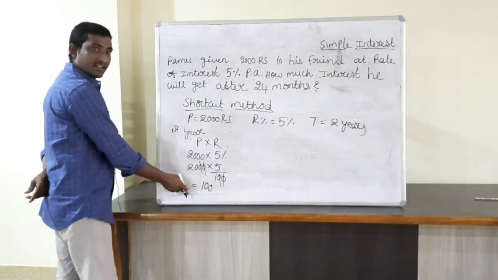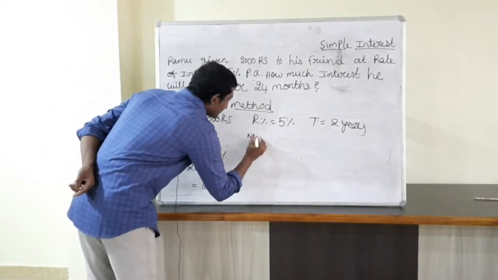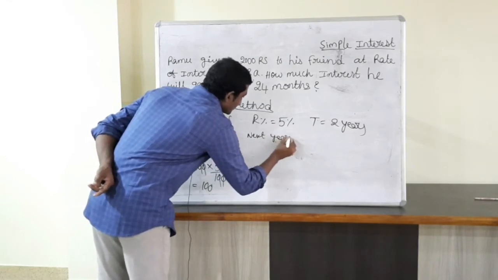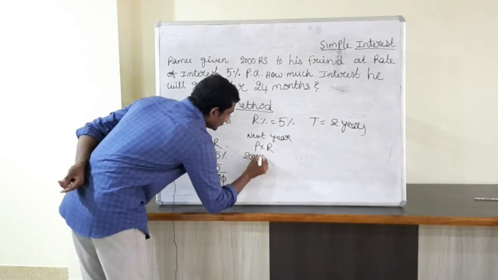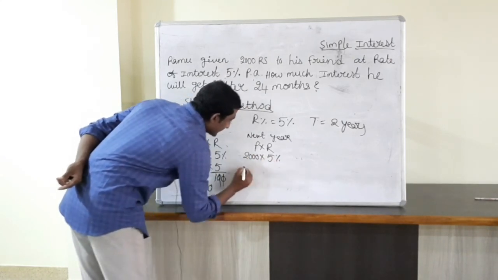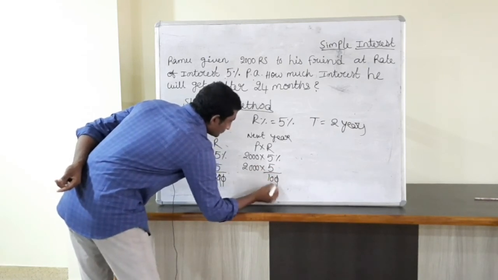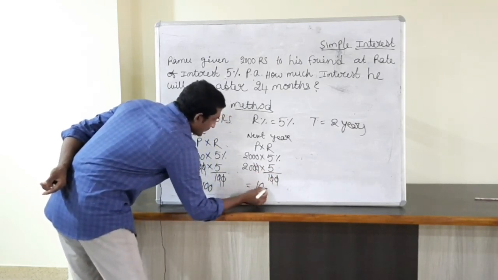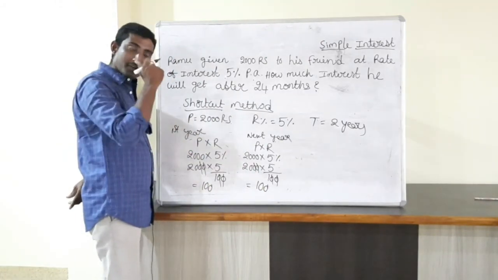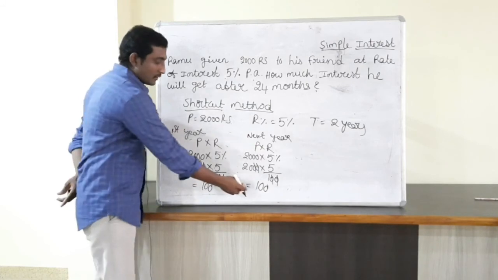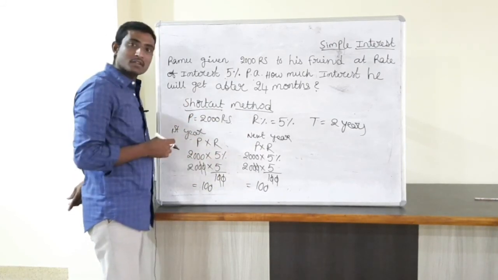For the first year he will get 100 rupees interest. Next year, same P into R, 2000 into 5%, 2000 into 5 by 100, that is 100. 100 plus 100, total how much will he get after 2 years? 200 rupees interest he will get. This is the shortcut method.